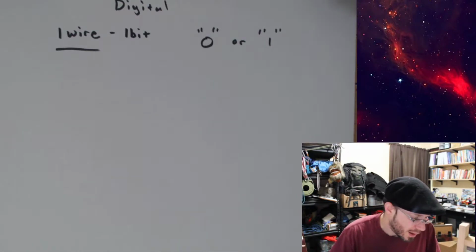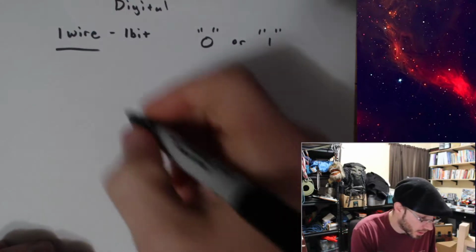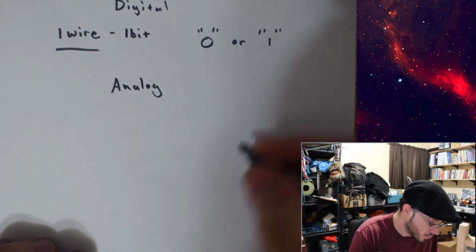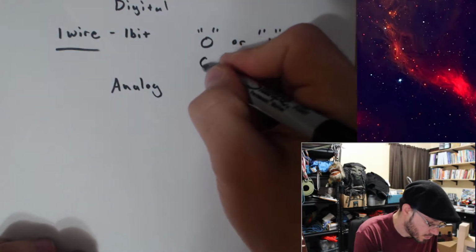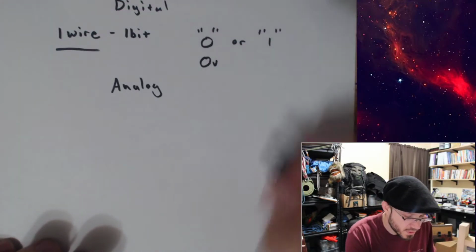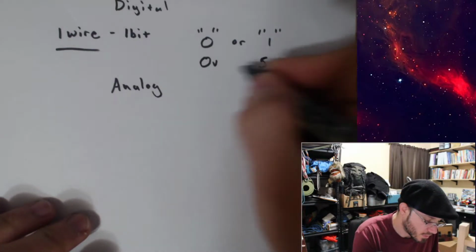However, what we've been dealing with in this whole class is analog. So let's say for the digital, our 0 refers to 0 volts and our 1 or logic high refers to 5 volts.